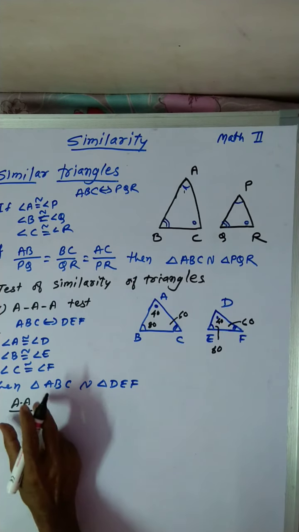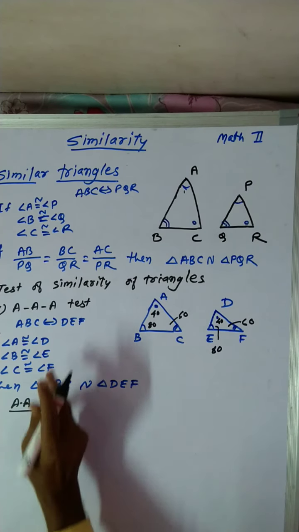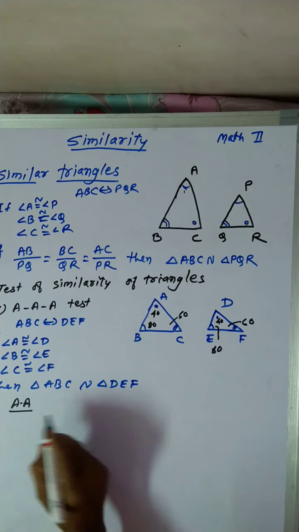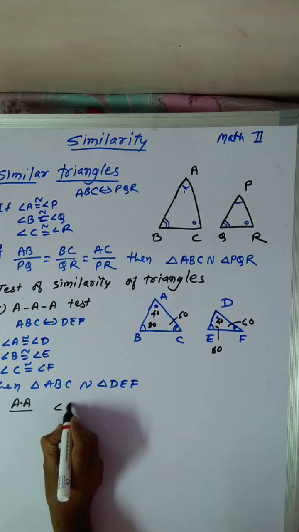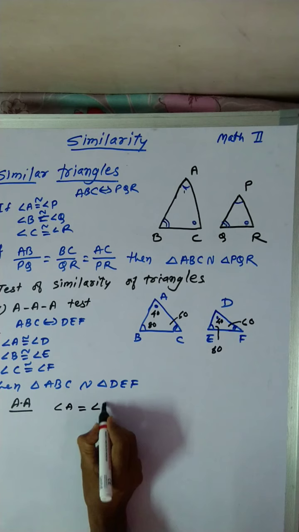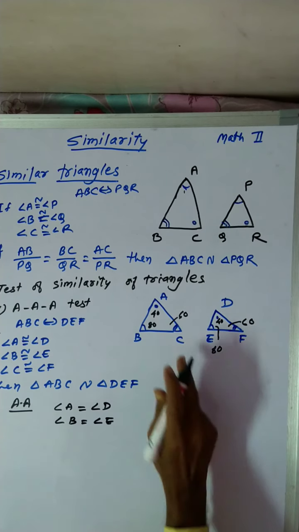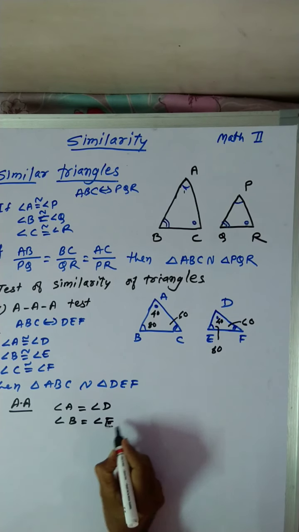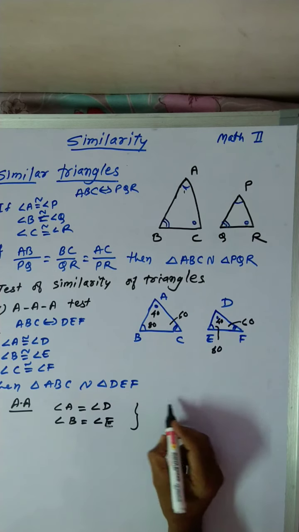If two angles are given congruent, then the third angle always becomes congruent. Hence, we do not need three angles congruent. If two angles are congruent, then the triangles are similar. That means if only angle A congruent to angle D and angle B congruent to angle E is given, angle C and F are already congruent, and hence these two triangles are similar by these two angles.